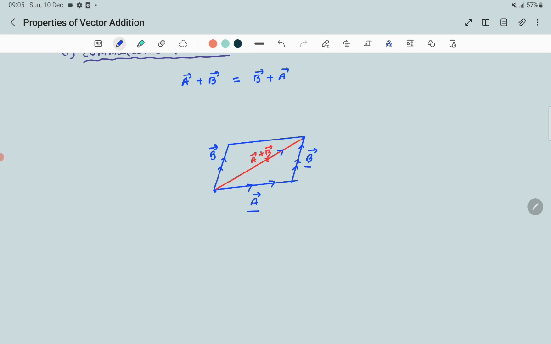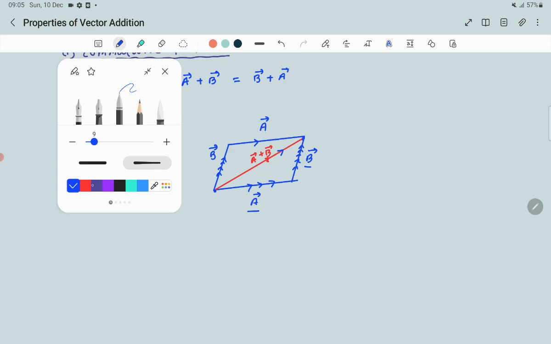As this is a parallelogram and the opposite sides are equal, if this side represents b, then this side will also represent a, isn't it?